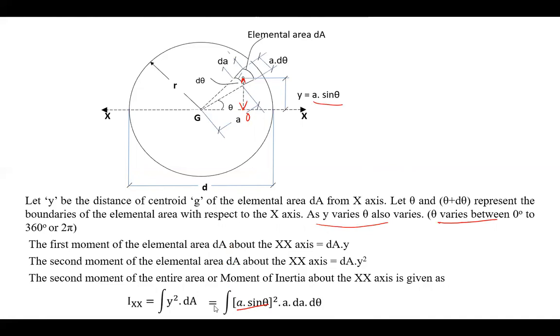Therefore, you substitute the value of y and dA. So then, for the substitution, it will become a square sine square theta into a dA d theta, so that will become a cube into sine square theta into dA d theta.